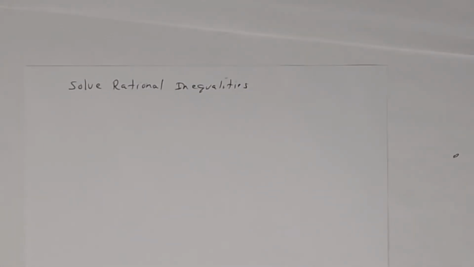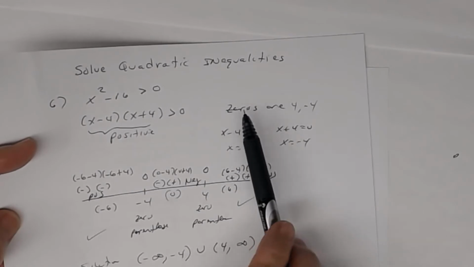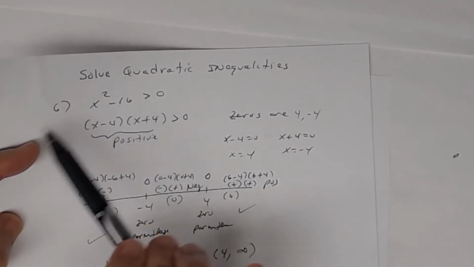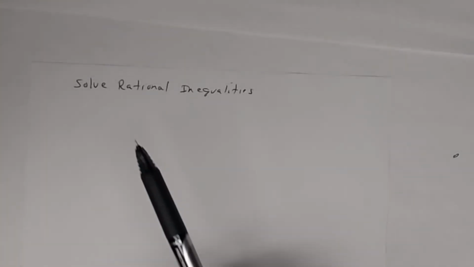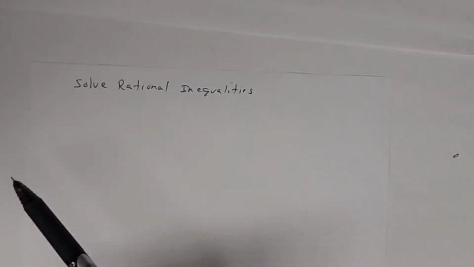except that in a rational inequality, you're not only going to be looking at the zeros of what makes the expression equal to 0, you're also going to notice that we have to do something with the denominator.